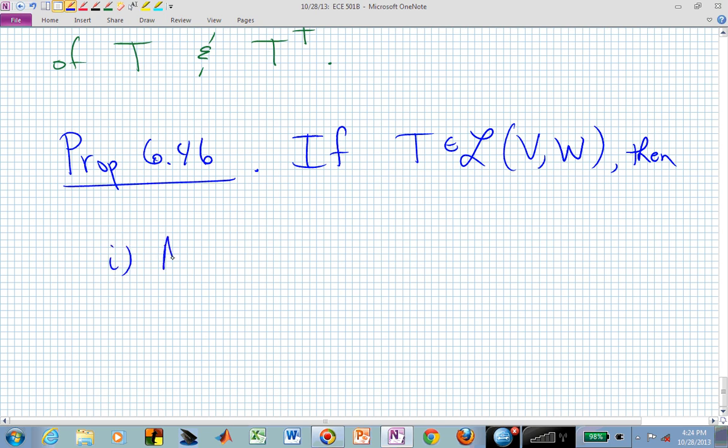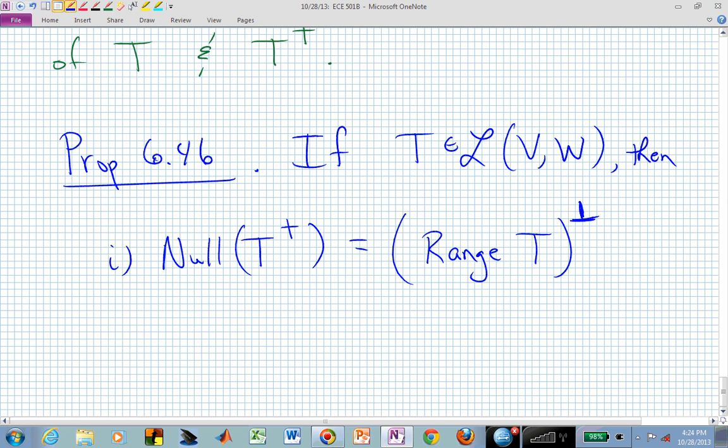One is if we looked at the null space of T dagger, that's going to actually be the same as looking at the orthogonal complement of the range space of our original map. You give me a linear map, T, and I can find its range space.